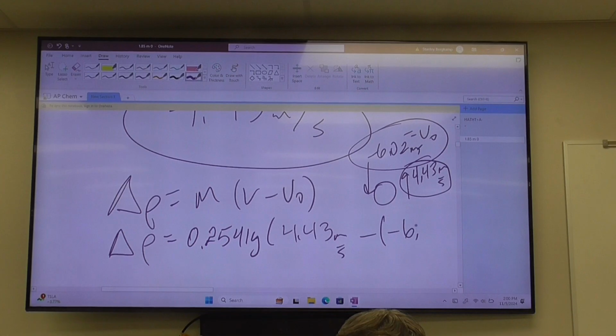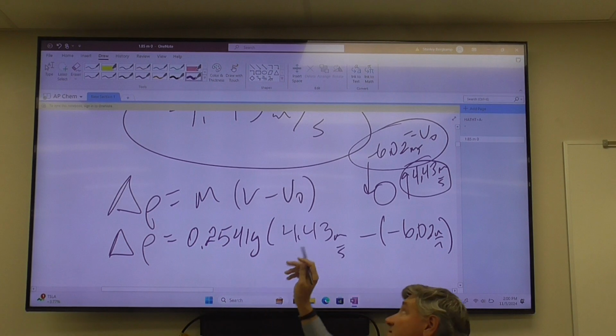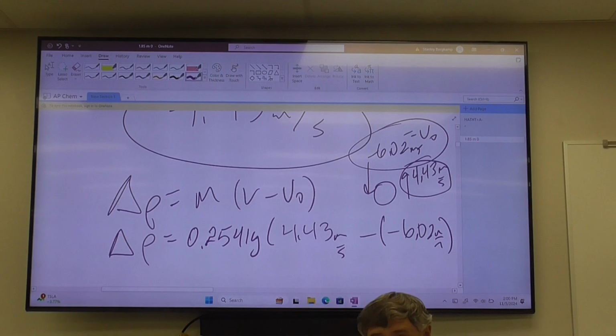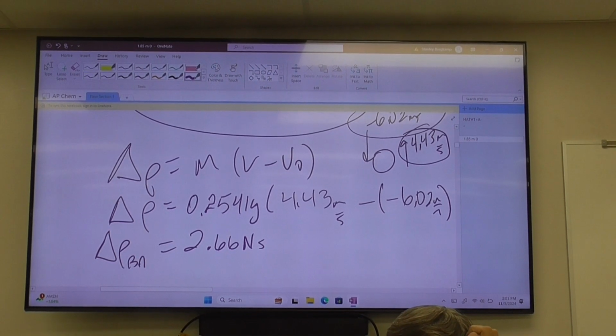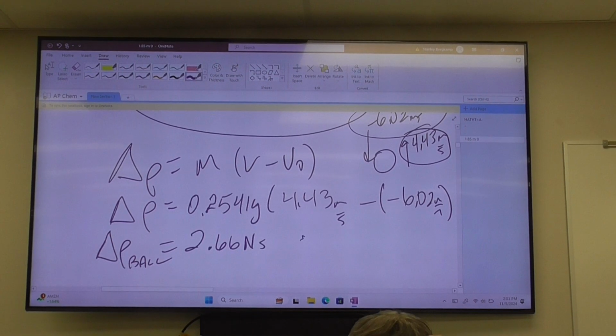And again, you have to be careful because that's going to be minus a negative 6.02. Yes? I have an answer. What is the answer? 2.66 Newton seconds. Now, that's the change in momentum of the ball.